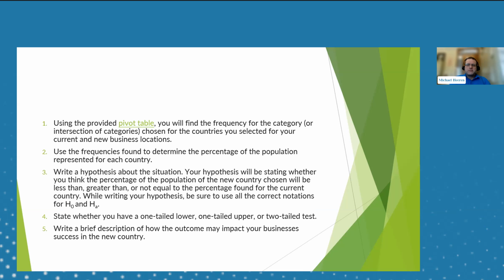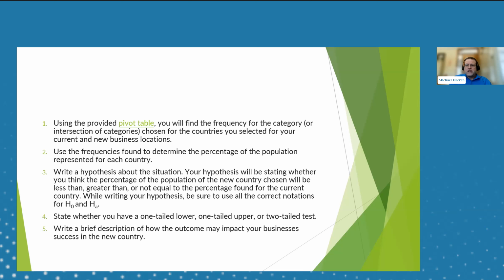So with some specific information, we're going to be given a pivot table. I actually created the pivot table for them to use based off that data. You're going to find the frequencies using the pivot table. And when you do that, you're going to be thinking about writing up a very nice hypothesis.